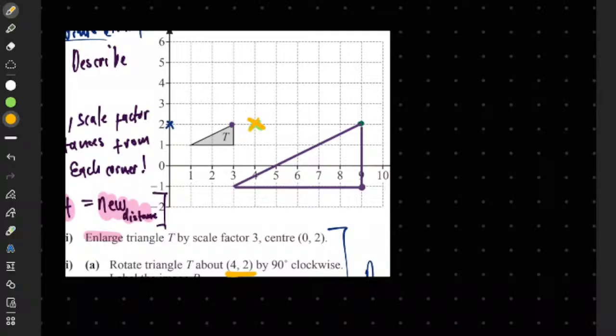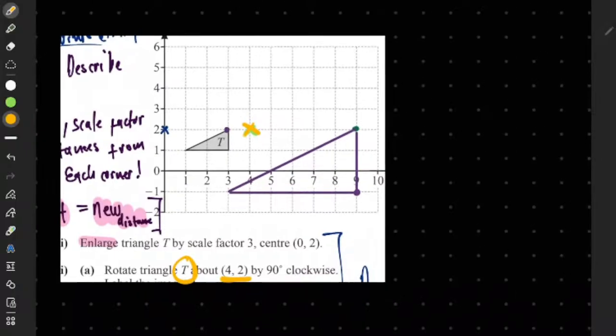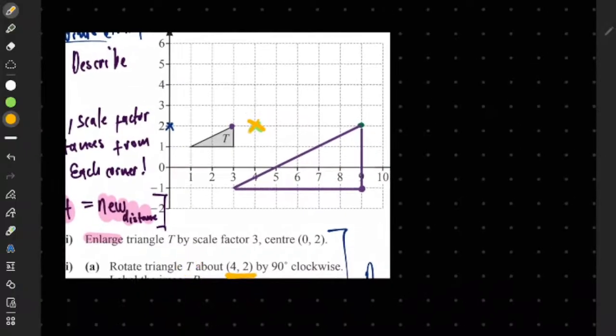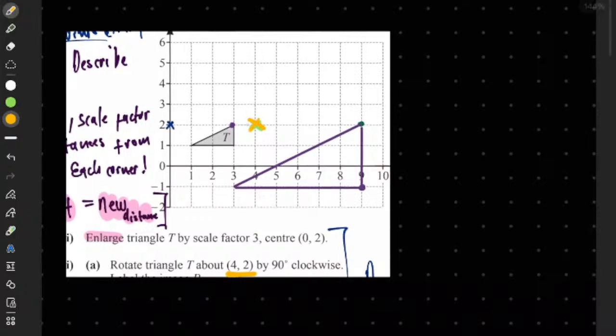So let's find coordinates. Coordinates of what? We are rotating T, right? So coordinates of all the corners on T, because those are the ones we are rotating. And the coordinates are measured from the center. So we start at the center.